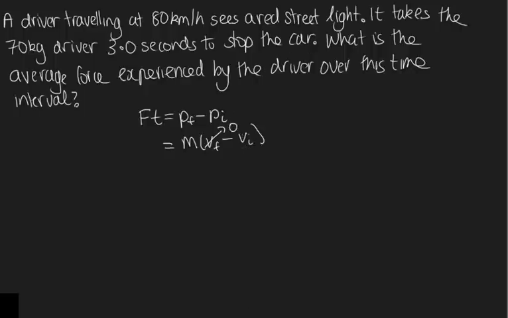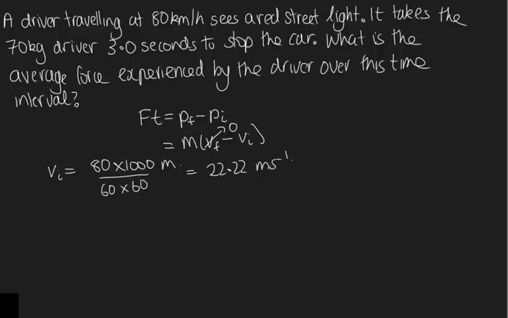So what we need to do is convert the initial velocity from kilometers per hour into meters per second. The initial velocity is 80 times 1,000 meters, and then to get from hours into seconds, we divide by 60 times 60. Doing that on the calculator gives us 22.22 meters per second.